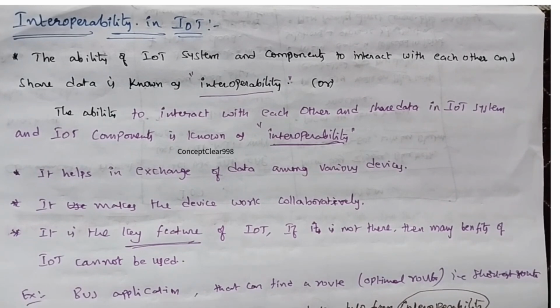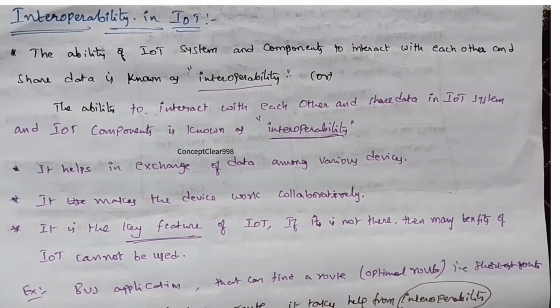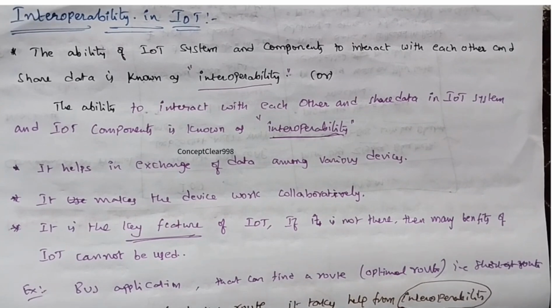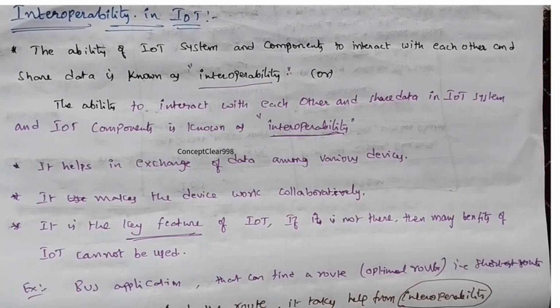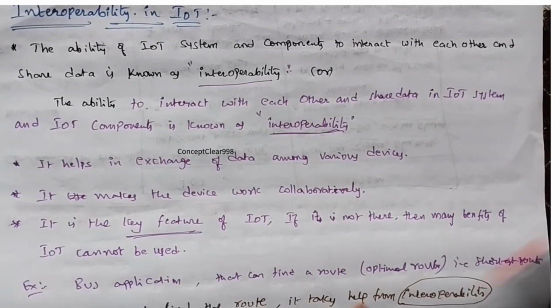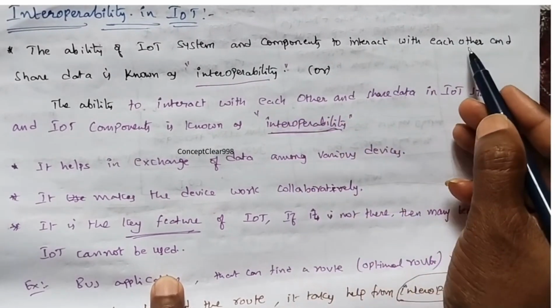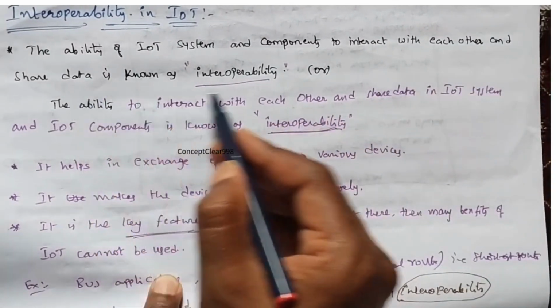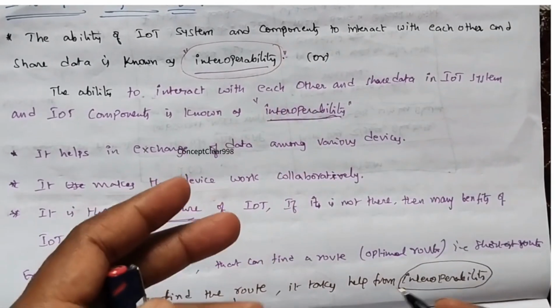In today's class we will discuss interoperability in IoT in the subject of fundamentals of IoT. Now we will see what is interoperability. Interoperability is the ability of IoT systems and components to interact with each other and share data. Very simple.